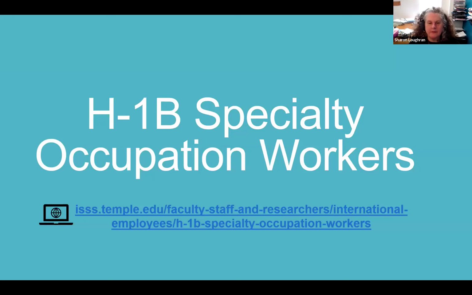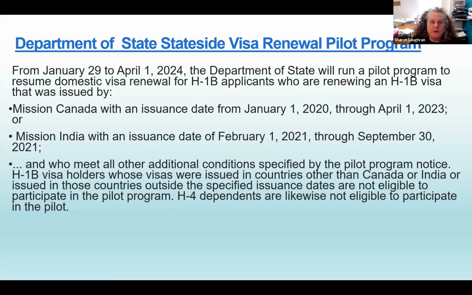So I'm going to take over for H's. Can you advance the slides? I just wanted to put this out there. This is a very short pilot program from the Department of State that certain H-1s who already have an H-1B visa stamp in their passport, if they meet the conditions, can renew the visa stamp in their passport in the US.